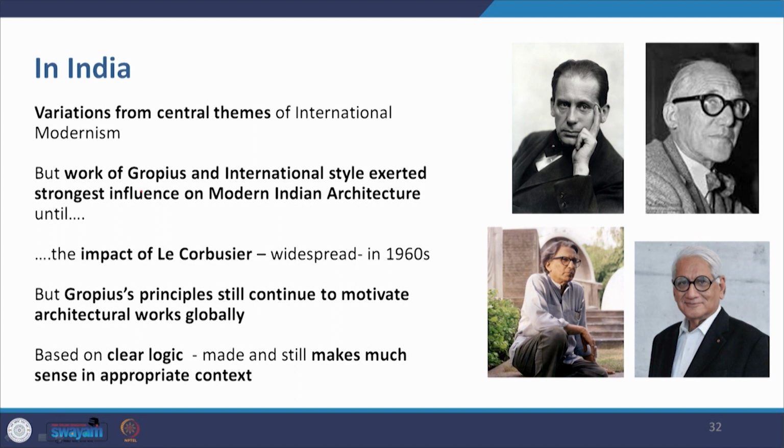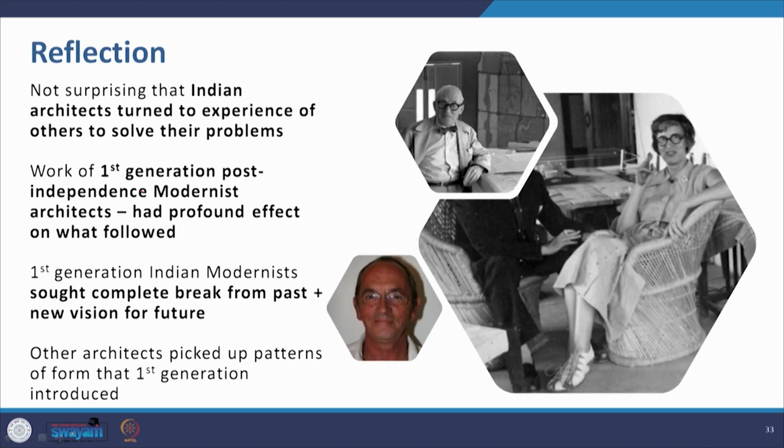But Gropius's principles continued to motivate architectural works globally, not only in India, and they were based on clear logic, and they made and still make such sense in an appropriate context. Now, if we just reflect on some of the things that we have seen, it is not surprising that Indian architects turn to the experience of others, predominantly international architects with a vast experience to solve their problems.